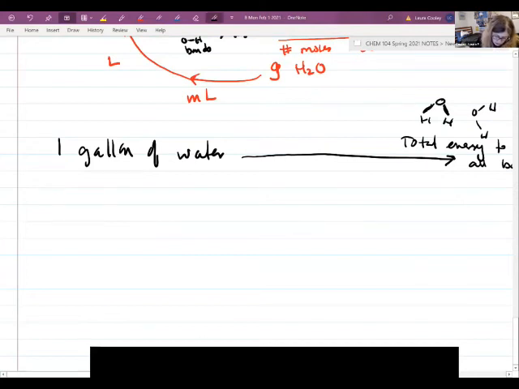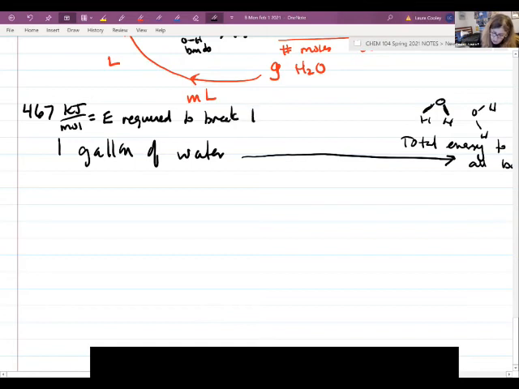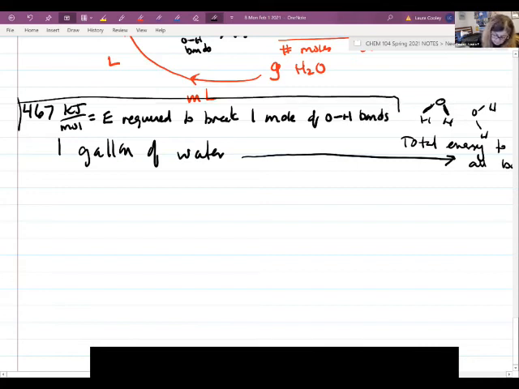So 467 kilojoules per mole is the energy required to break 1 mole of OH bonds. So that's a very important number that we know. So how are we going to get from 1 gallon of water?